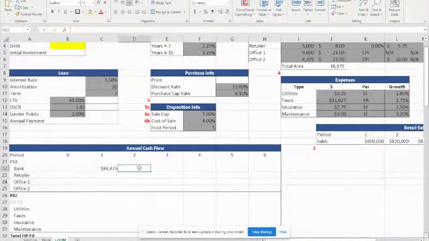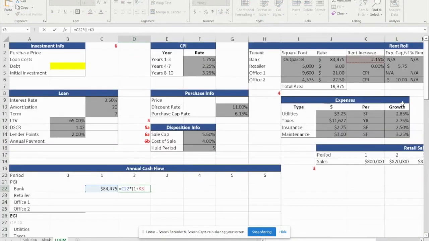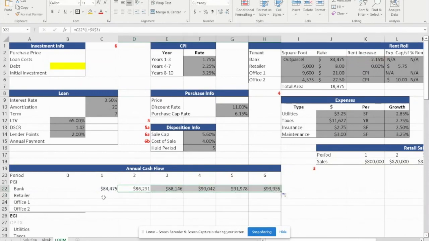And to do that, we're going to simply use the growth rate formula again. It's the previous year times open paren one plus the actual growth rate, which is 2.15%. We're going to go ahead and anchor the growth rate since that's not changing year over year. And by doing so, we can drag it across to year 6.